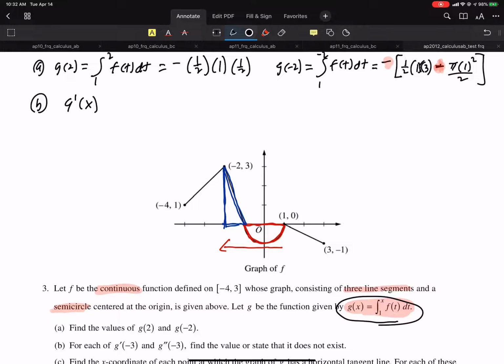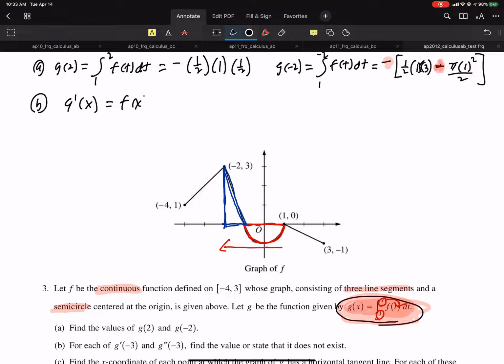Again, by the Fundamental Theorem of Calculus, we're taking a derivative of an integral from a constant to x. All you do is plug in x for t. So that's just f of x. You have to understand the fundamental theorem.